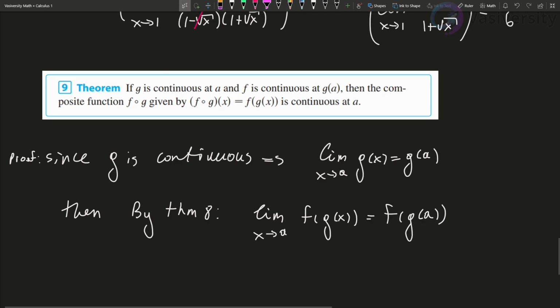All right, perfect. We can also use it as our tool to evaluate a composition of functions.